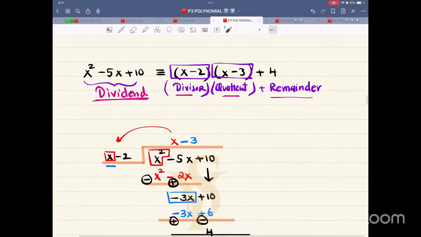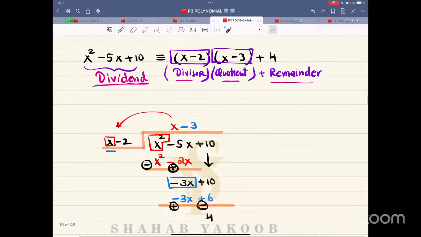Also remember this thing, very important: dividend equals divisor times quotient plus remainder. What it means is that if this is x squared minus 5x plus 10, and if I divide it by x minus 2, and I get a remainder of 4, how can I write it? I take the divisor, and the quotient over here.